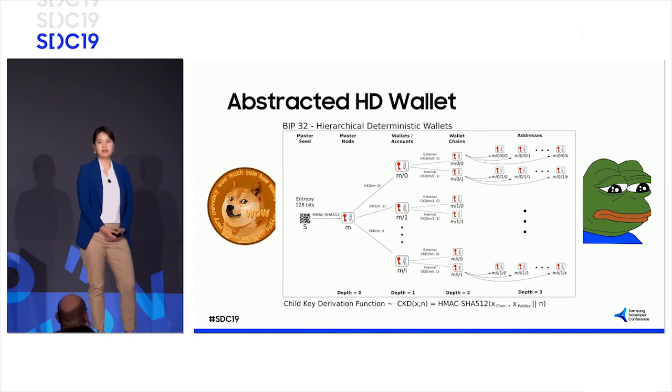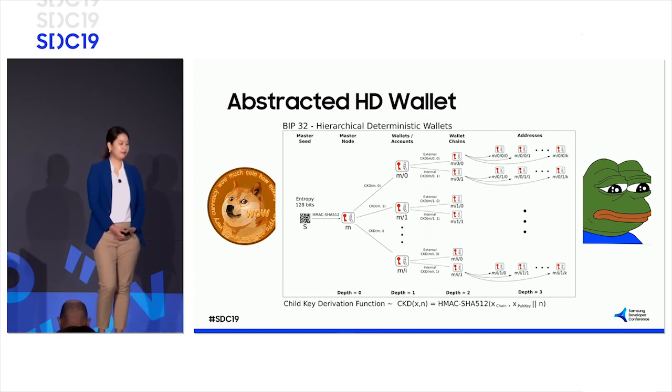We call it simply HD wallet. You can see on the left side, there is only one unique key. It is a master seed. And you can find a lot of, almost infinite, addresses on the right side of this picture.